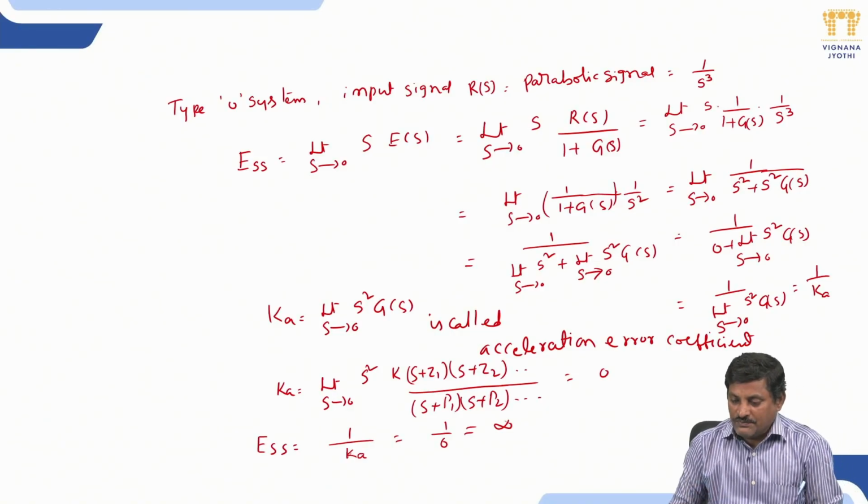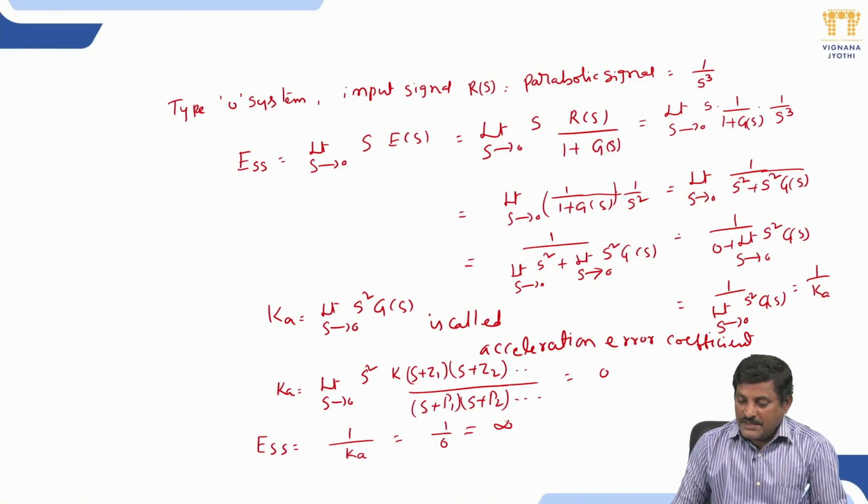Now from this, what you observed here: Kp is the position error constant, Kv is the velocity error coefficient, and Ka is the acceleration error constant. From the error coefficients, the steady state errors are determined.